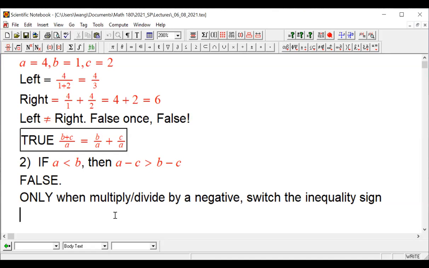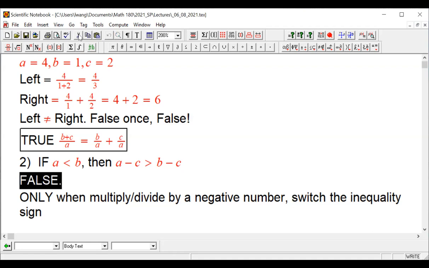So don't do that. Some people get confused. Only when we multiply or divide by a negative number do we switch the inequality sign, right? Only then. So when you subtract, no, don't switch. Please don't do that. Okay, so this is false.